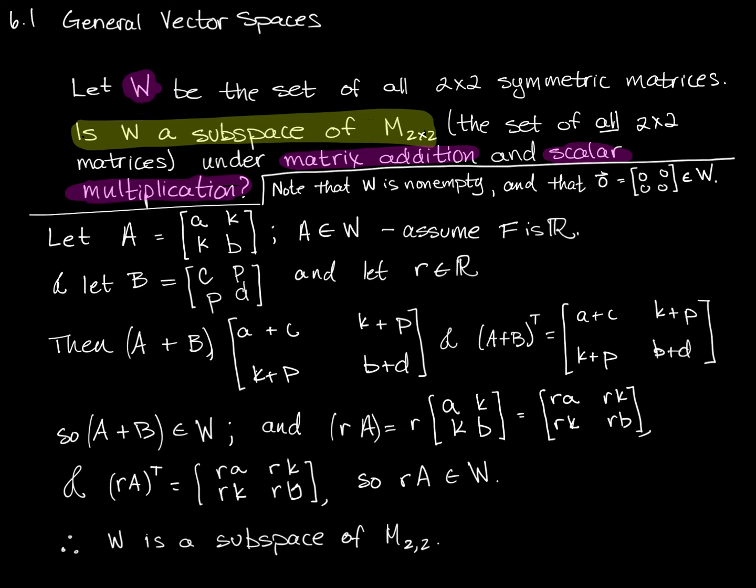W is closed under addition. If I do this scalar multiplication, I end up with another matrix in W, so W is closed under multiplication. And we say that it's closed under multiplication over the real numbers, over the field F, which is the real numbers. So this is an example of a different kind of vector space, a different kind of vector subspace than the ones that we've been working with.